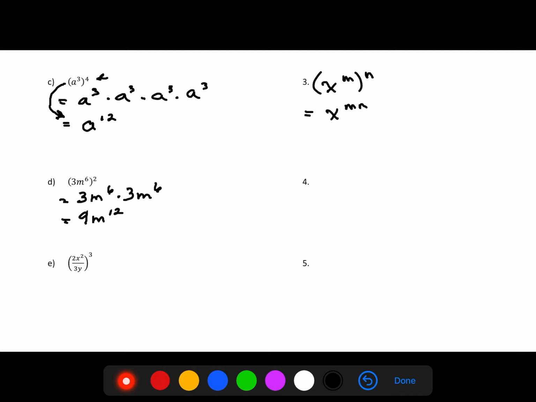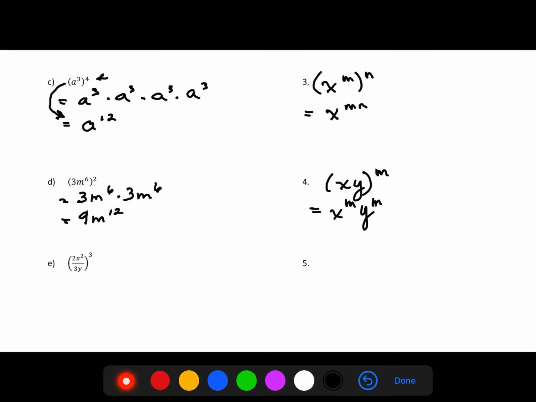So all this demonstrates to us is that if we have more than one thing inside the brackets to an exponent, we have to apply that exponent to all the parts inside the brackets. Even if it's a number, if it's a variable, that exponent outside the brackets applies to everything inside the brackets.